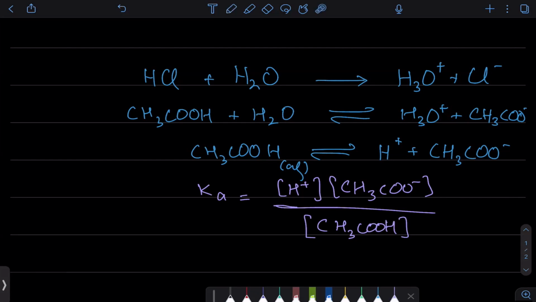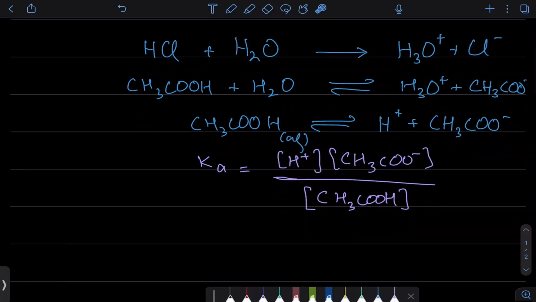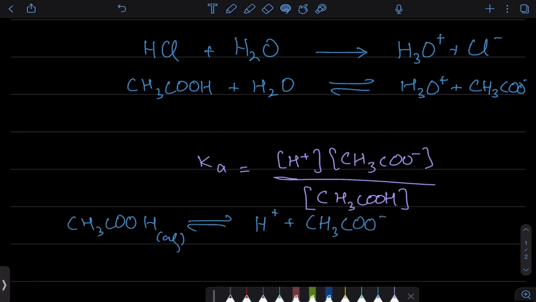The difference is this is coming from the ions that actually took part, and this is coming from the molecules that did not. These molecules are still there. They just didn't take part in the ionization process. So for this one, what I will use is what I call the ICE method. The ICE method basically tells me what is initial, what is consumed or reacted, and what is at the end or equilibrium.